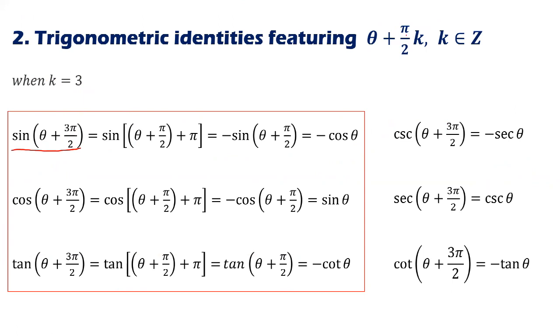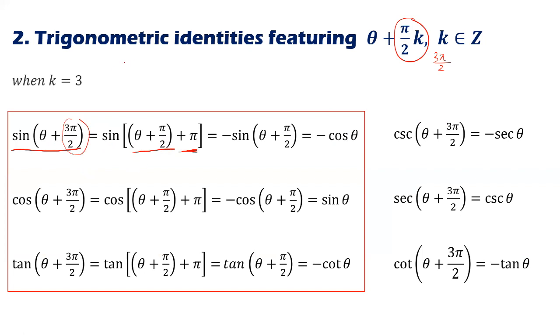When k is 3, this term becomes 3 pi over 2, right? Sine of theta plus 3 pi over 2 can be rewritten as sine of theta plus half pi first, and then plus another pi. So half pi plus pi is actually 3 pi over 2.